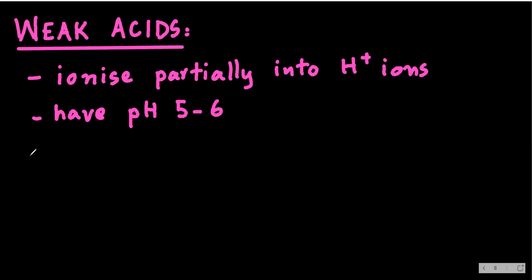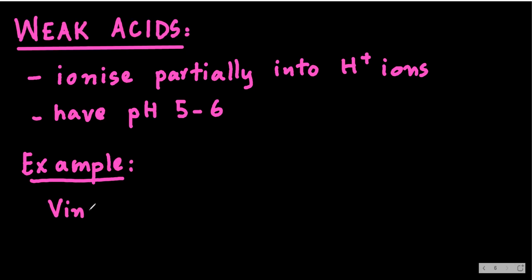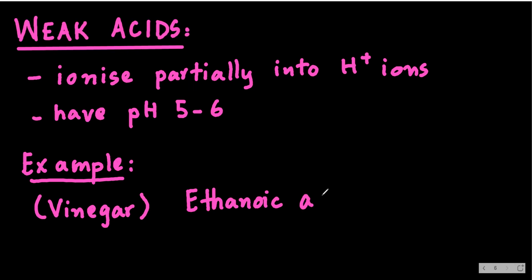Let's talk about some examples. A very common one that we take is vinegar. Vinegar is ethanoic acid. What is the formula of ethanoic acid? It is CH3COOH.